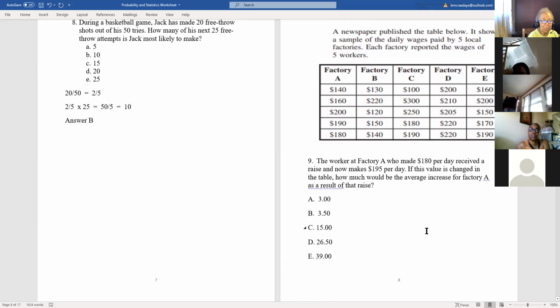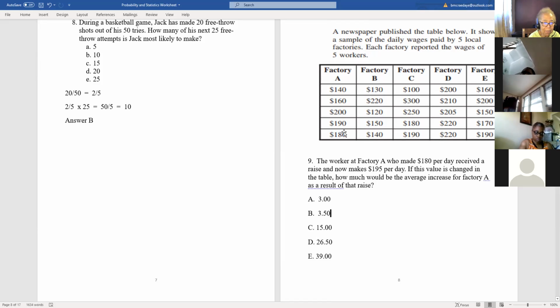Now, how would you find the average of his pay, Maureen? How do you find average? Add up and divide. You add all 5 on factory A and then you divide it by 5. Very good. Excellent. You add up all his daily wages, and then divide by 5.